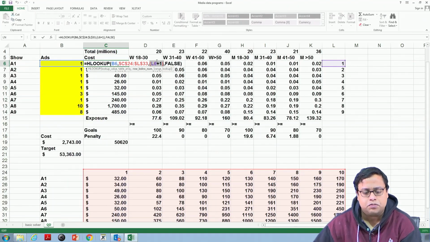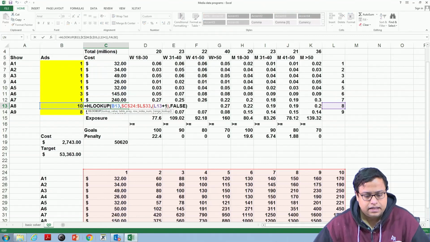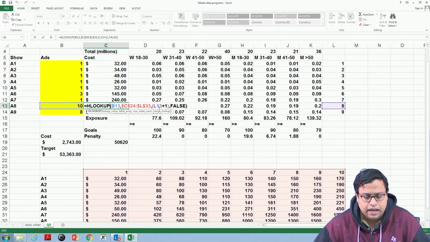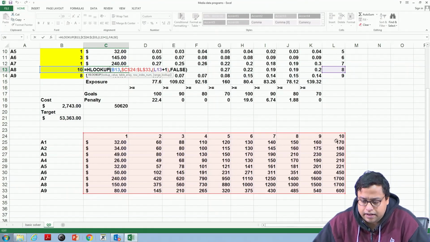1 plus 1 comes up to be 2, that means from the second row you will get the value here. For this case, let us say this is 10, B13 is 10. So, then this particular column is what you find out, and L13 is 8, 8 plus 1 is 9. So, that means you are trying to find out from the 9th row.